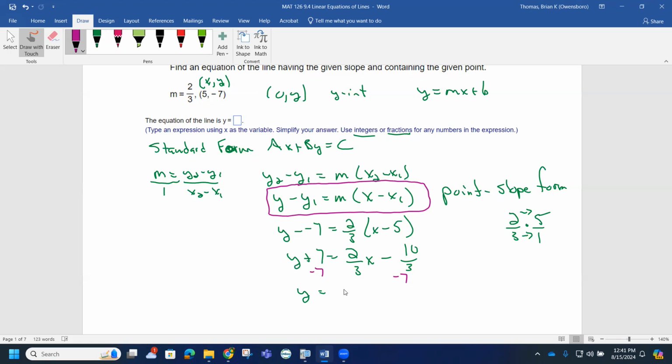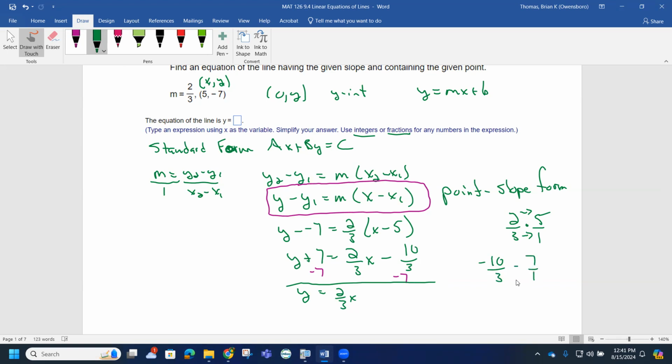So y equals, this 2/3 x comes down. But the challenge is, what is -10/3 take away a 7?